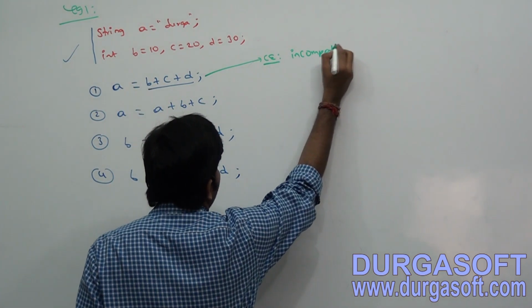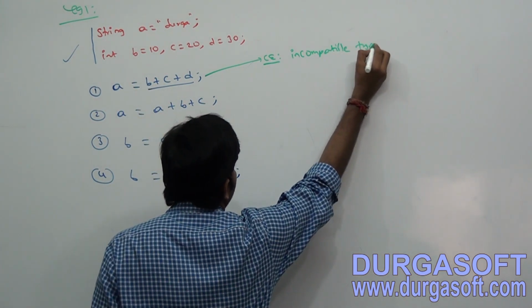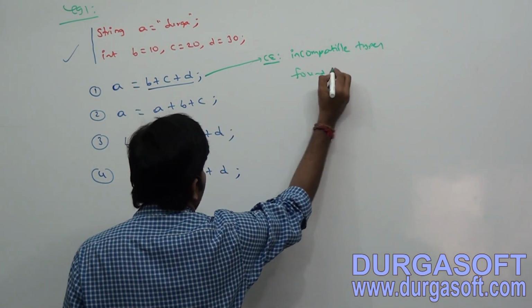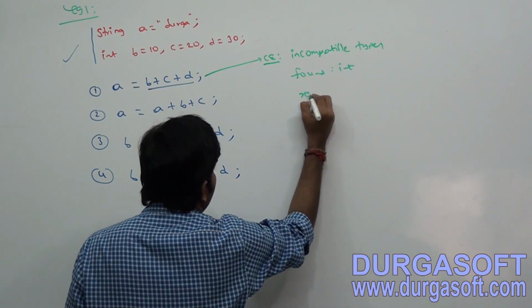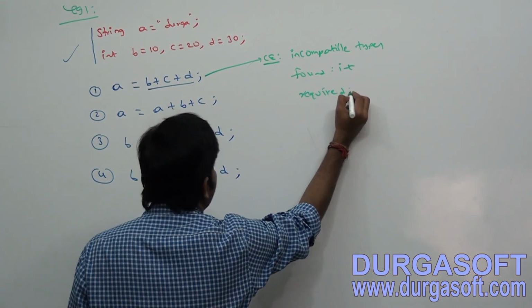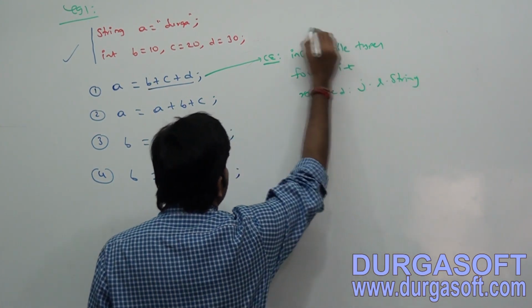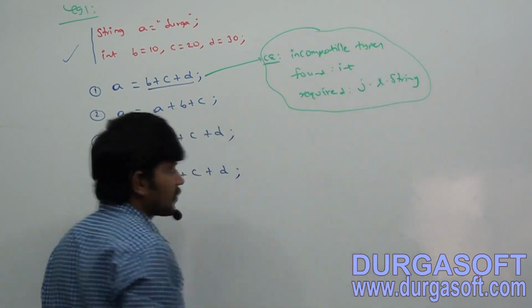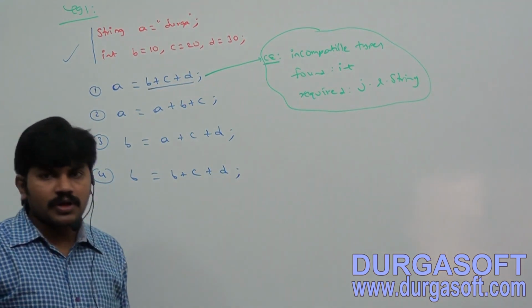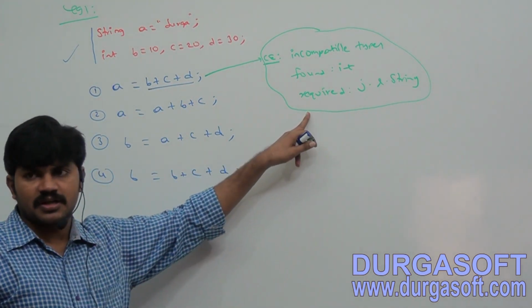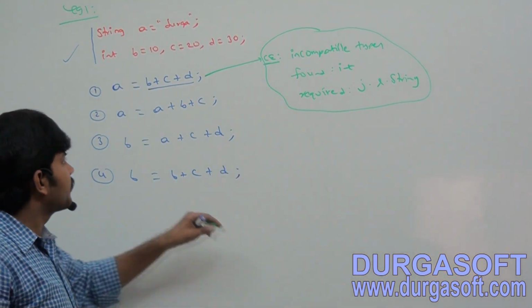Incompatible types. Found int, required java.lang.String. This is the compile time error we are getting by default.